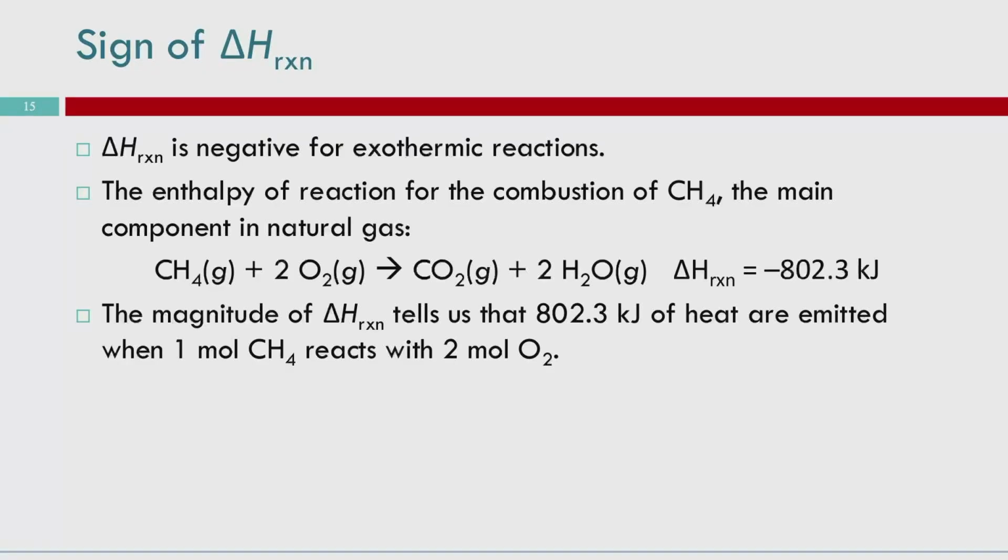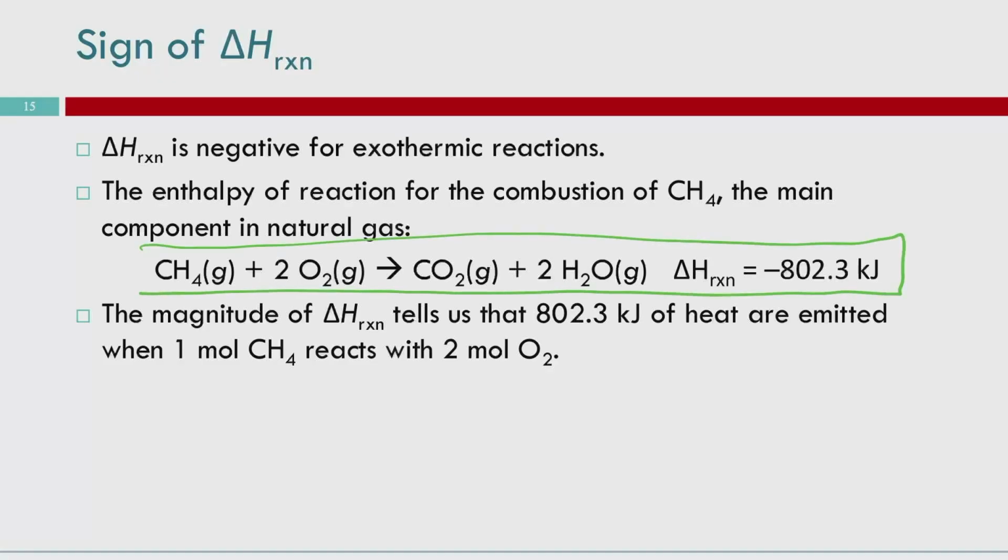Here's what this will look like. So our delta H is negative for exothermic reactions. An example of an exothermic reaction is the combustion of natural gas. And this is a balanced chemical equation.